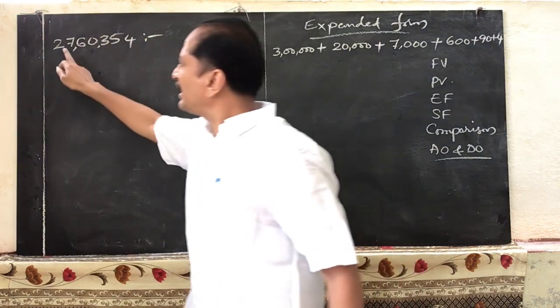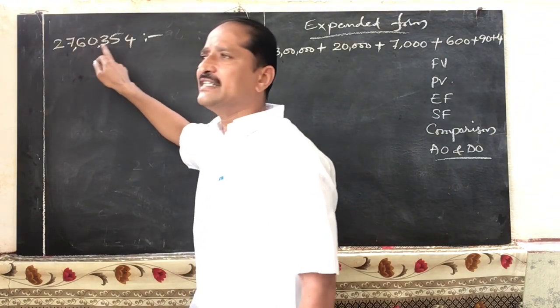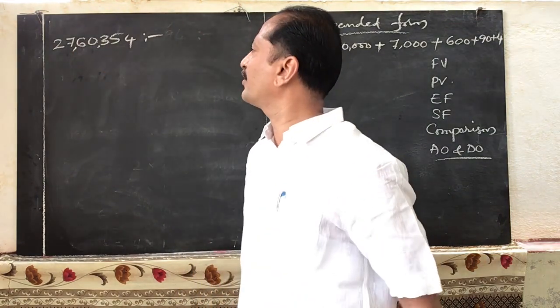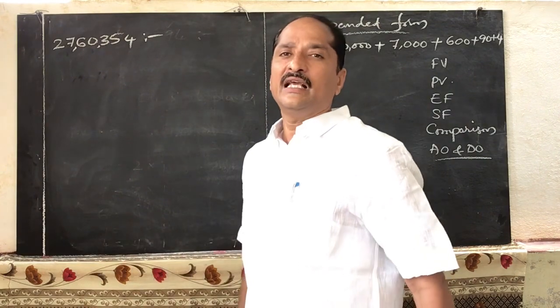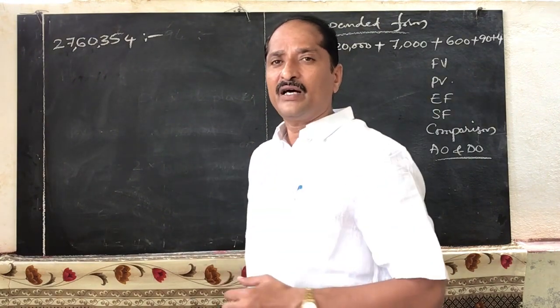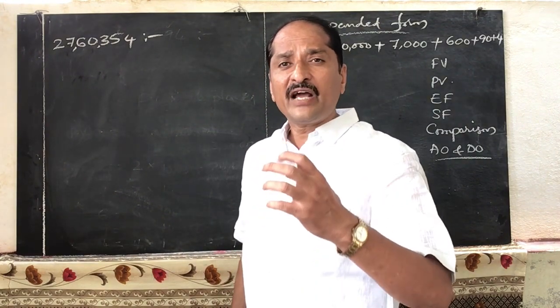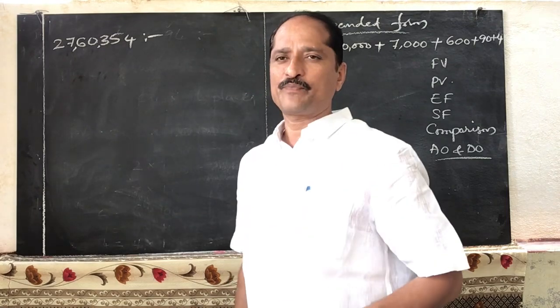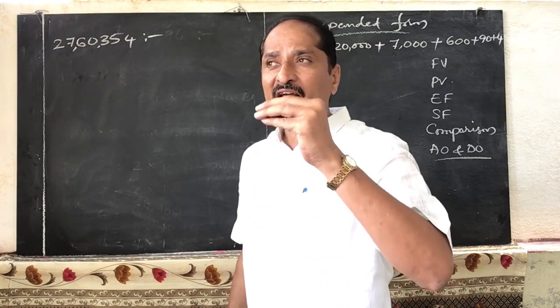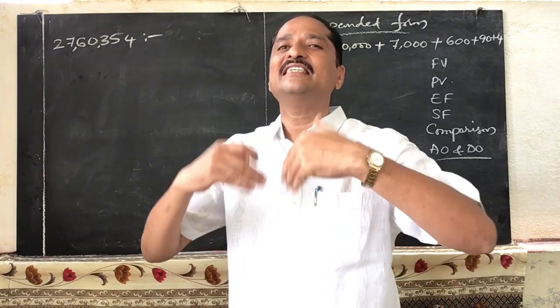So 27 lakhs 60,354. Now to write down the expanded form, we should write down the place values of each digit as a sum.